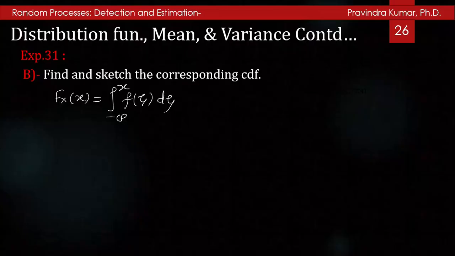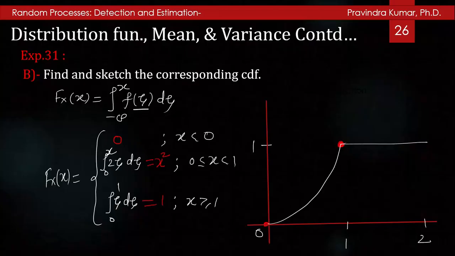The CDF is the integration from minus infinity to x of the PDF. So you can find out when x is less than 0, it is 0, and when x is between 0 to 1, the integration from 0 to x of the PDF 2 xi d xi is x squared.